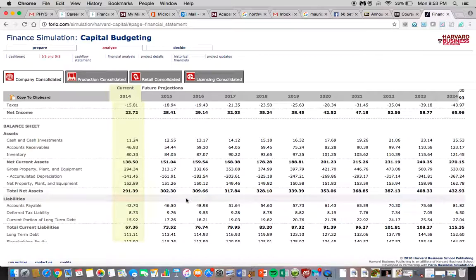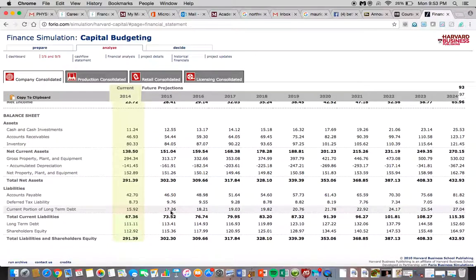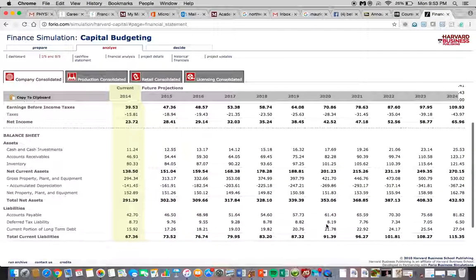And then in the liabilities tab, you can also see that it has two totals, a total of current liabilities and a total of liabilities and shareholders' equity combined. These two totals increase as well, as you can see over the span of these 10 years. However, it's not as beneficial as the increase of assets because your company will have to end up paying these back later down the road.